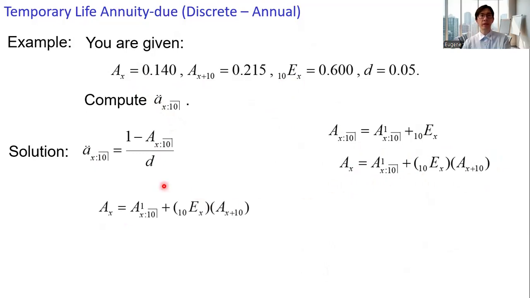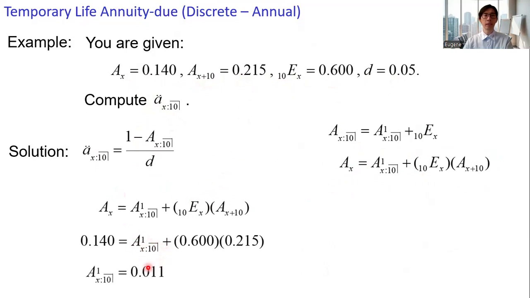All right, we have the value 0.14 for A_x, 0.6 for the 10-year pure endowment, and big A_{x+10} is 0.215. From this, we get the 10-year term insurance. The actuarial present value is 0.011.